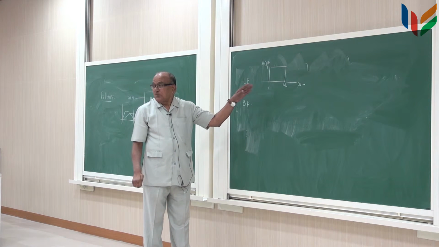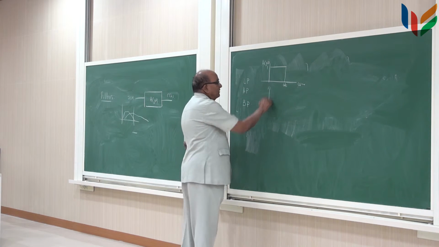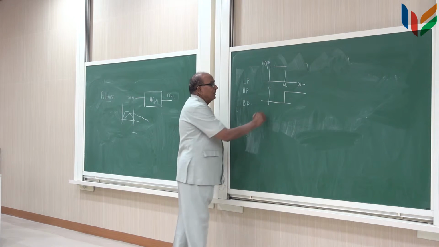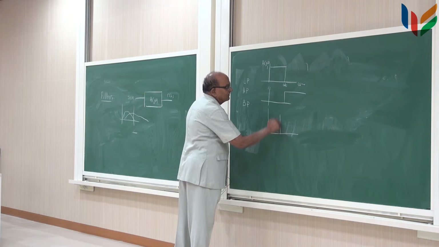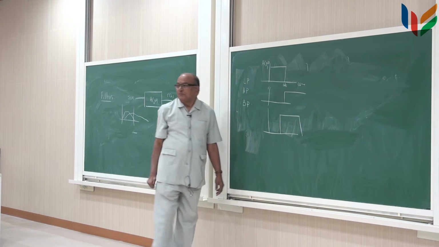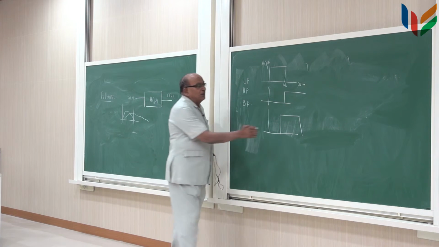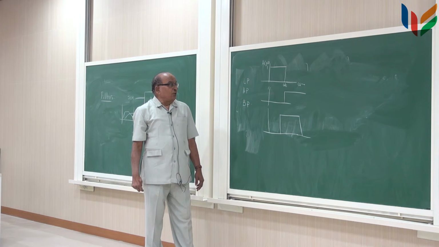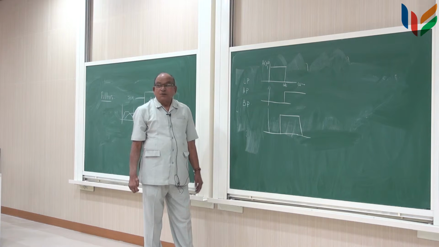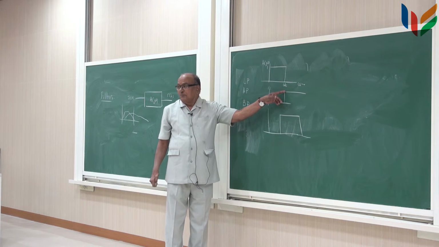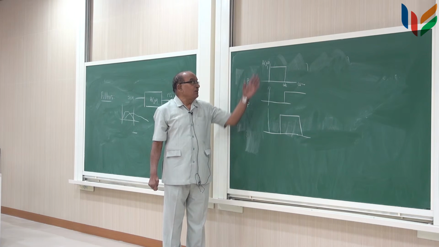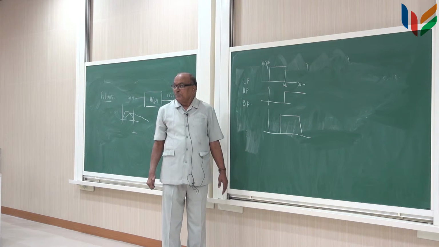This is a low pass filter. A high pass filter will have it like this, and a band pass filter will have it like this. These are the characteristics of low pass, band pass and high pass. So, now what are the filter characteristics that you are talking about? One is omega c, known as the cutoff frequency, and whether high pass, band pass or low pass.